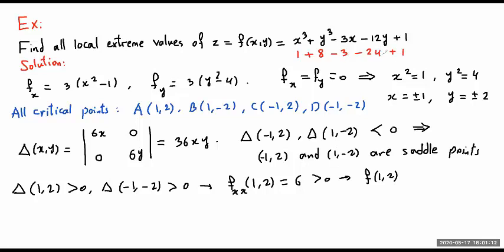Okay. So we have here 8 - 24 = -16, -16 - 3 - 1, so -17. So this is -17 as the local minimum value.